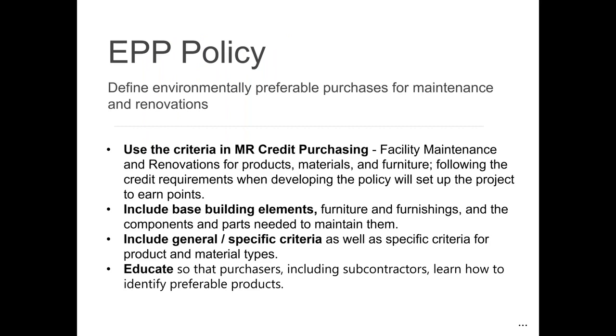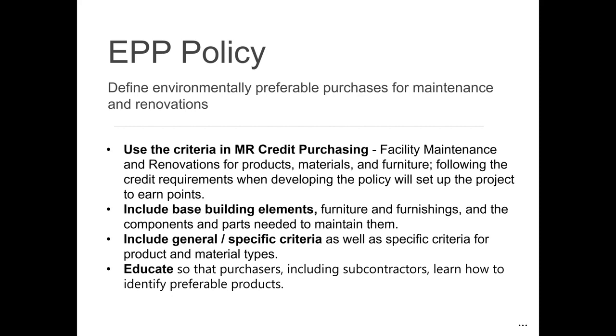Your EPP policy, your environmentally preferable purchase policy, for maintenance and renovations, you are looking at a lot of different things, but you can break it down here. So you're looking at the criteria for the MR credit purchasing, and you're delineating how you as a project team will address those components, so for facility maintenance and renovation for products, materials, and furniture.